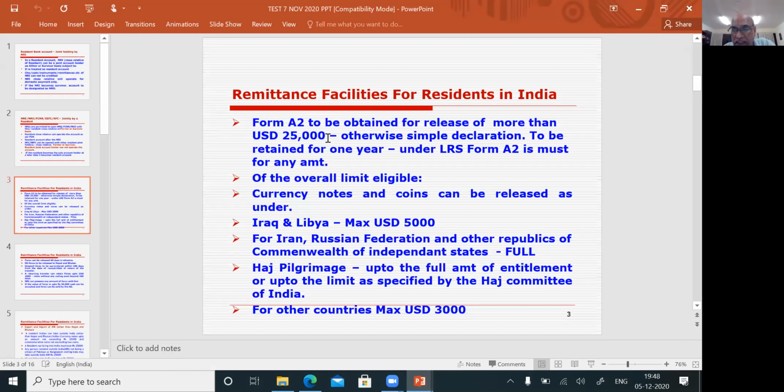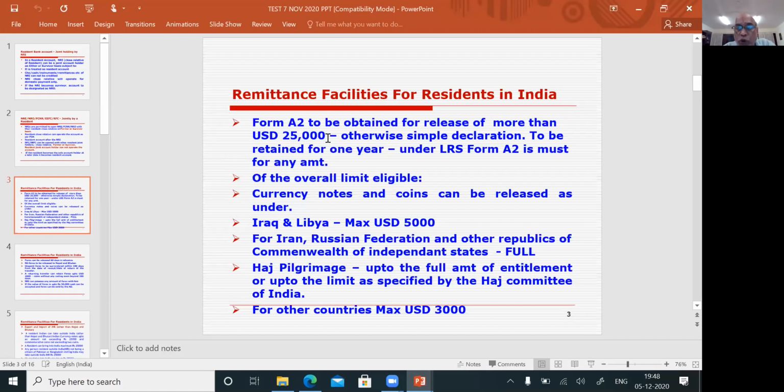So if a resident wants to transfer funds abroad, or wants to transfer foreign currency with him, the bank has to obtain Form A2 if the amount of release is more than US dollar 25,000. Otherwise, based on a simple declaration, the amount will be released.